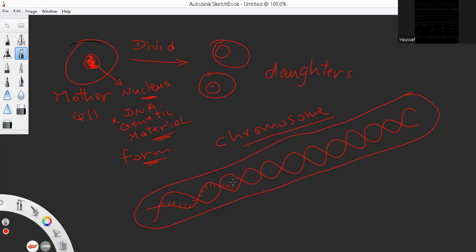It's correct. This is the genes, and this is the double helix of DNA.